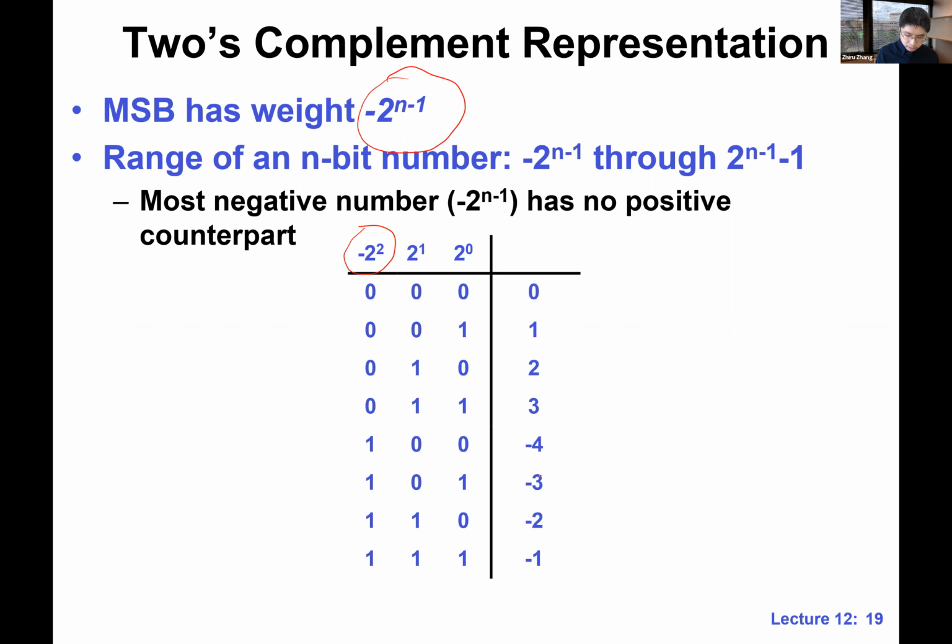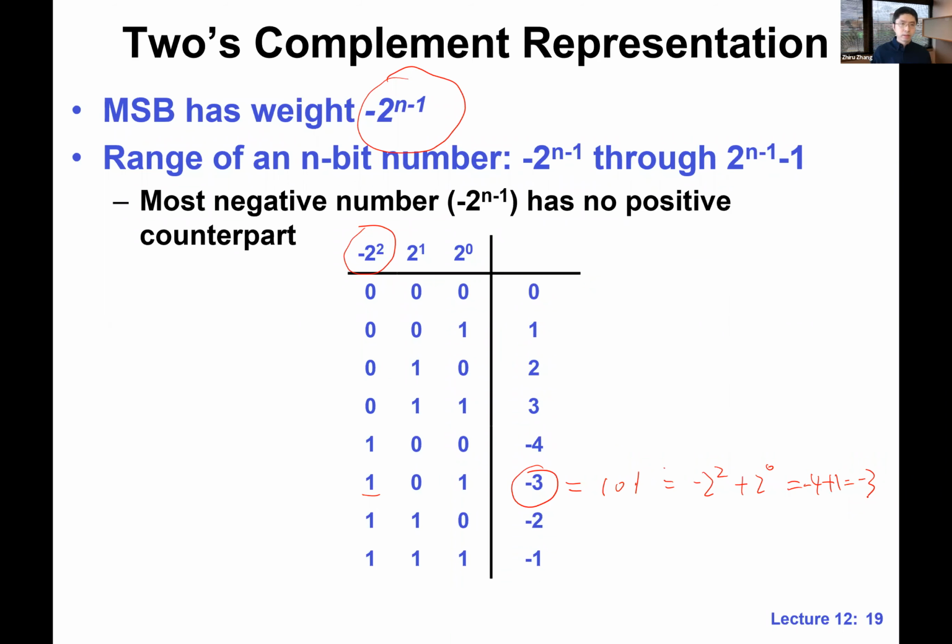For -3, we have 101, which is -2 to the 2 plus 1, and this is indeed -4 plus 1, which is -3.